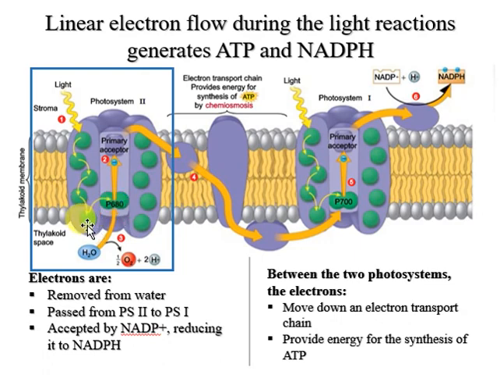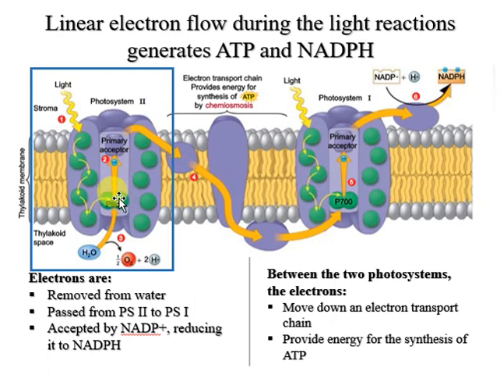So looking at this pigment here, it has an electron that goes from ground to excited state, and then falls from excited back to ground state. As it's falling back to ground state, it's exciting electrons in P680, so one of these electrons in P680 is excited to a higher energy state.